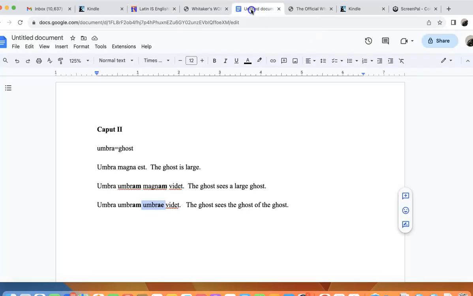The point of all this is just to get us comfortable and learn to recognize that Latin changes the endings. So I'll do one more here, umbra. Again, this is going to be kind of a nonsense sentence, but you'll see how we're using it.